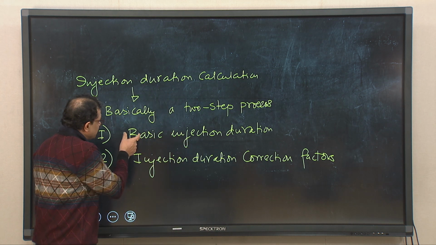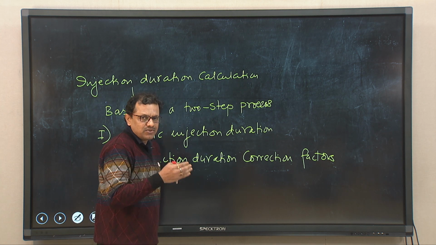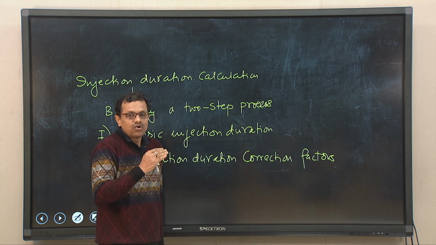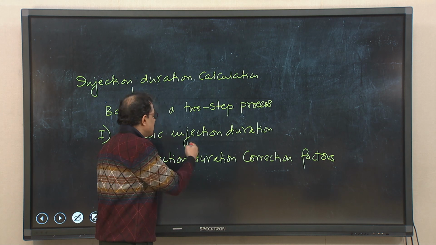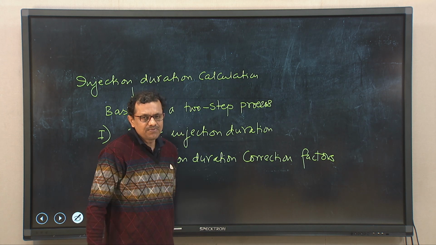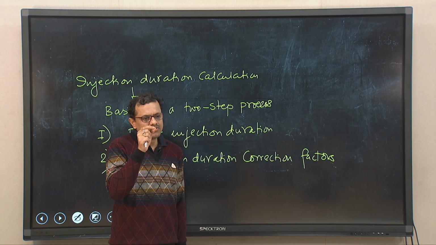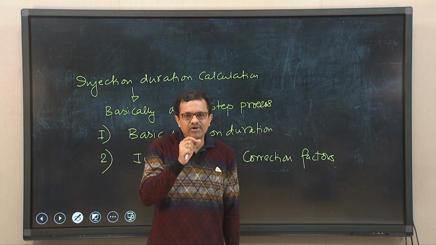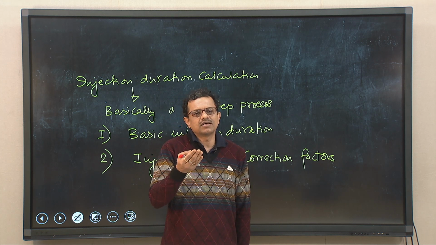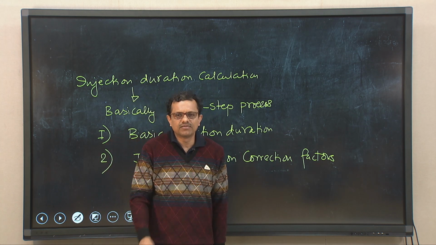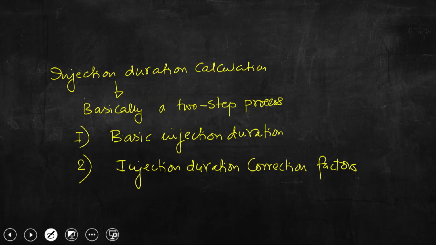So, this involves two different processes. The first is basic injection duration calculation, that means we first have to calculate the basic injection duration. Then, after determining it, we can go for some corrections over this step, essentially to match the required duration to run the engine, not always at optimum condition, but closer to the optimum condition. So, these are two different steps.